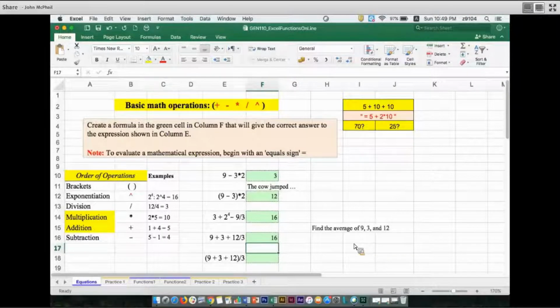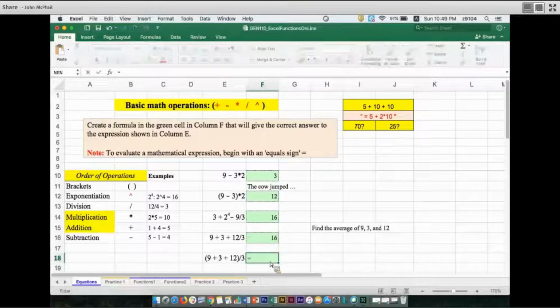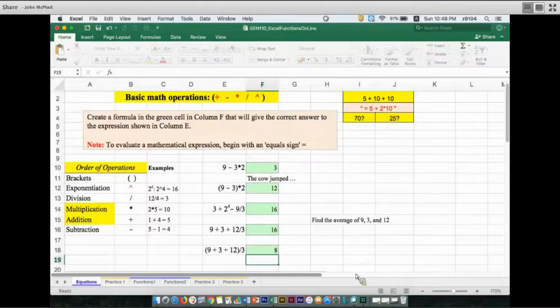Well, 16 cannot be the average of the numbers 9, 3, and 12. You have to put the addition in brackets to add them up. There's 3 numbers, we divide by 3, and the average is 8. The average is not 16.